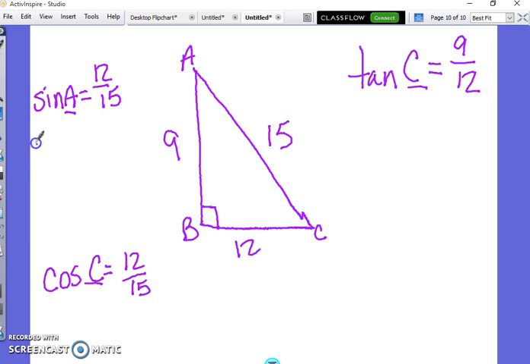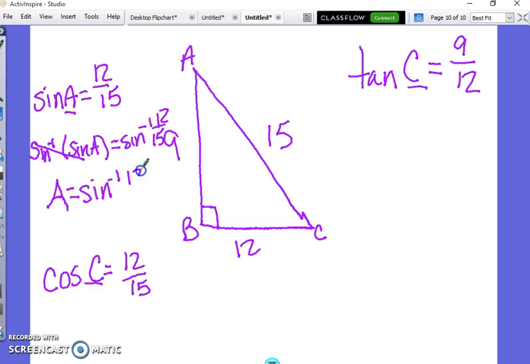To undo that, we have to do inverse sine. So A is the inverse sine of 12 over 15.